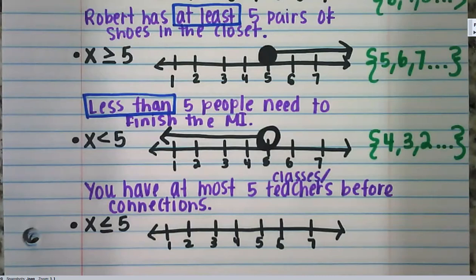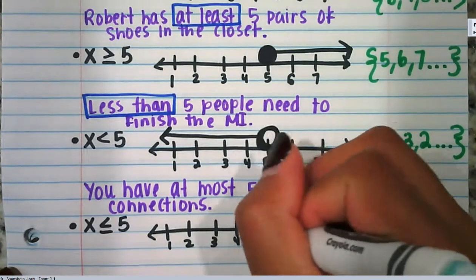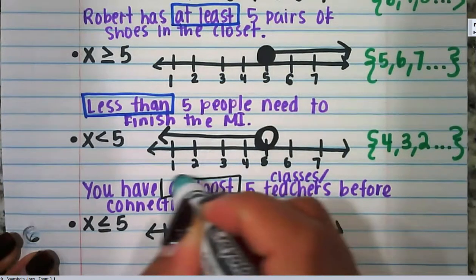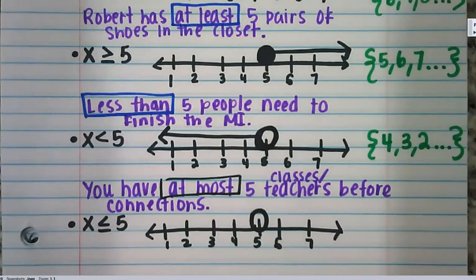So as we know, we're going to start at 5 because 5 is the number we're talking about. But now, is this going to be a closed dot or open dot? Well, at most 5 teachers or 5 classes at most. So that is our maximum. So we could possibly have 5.